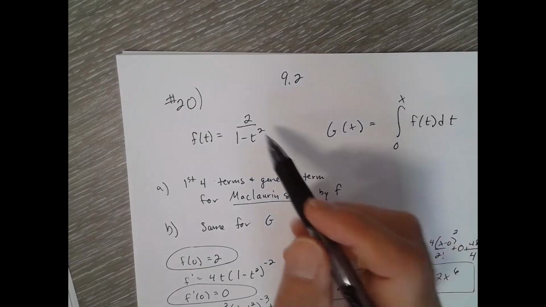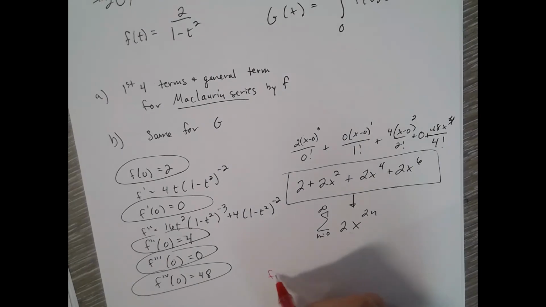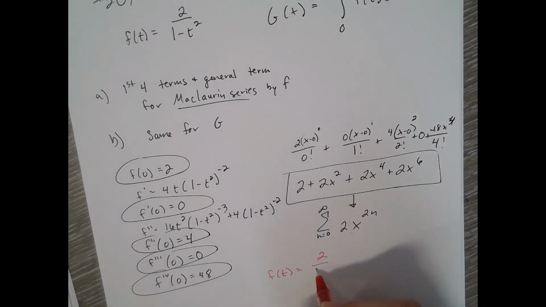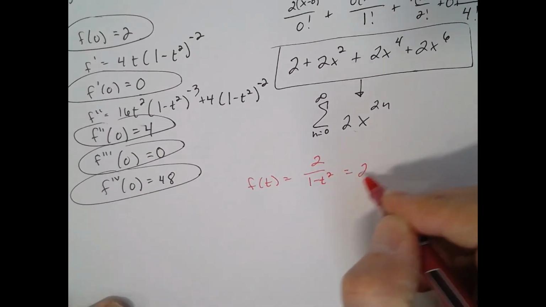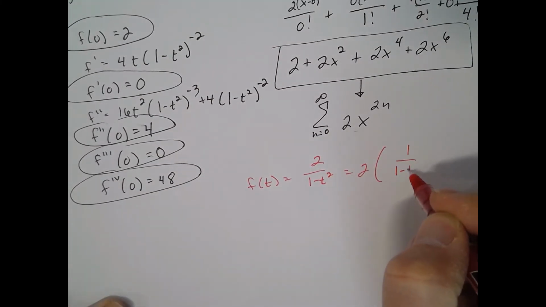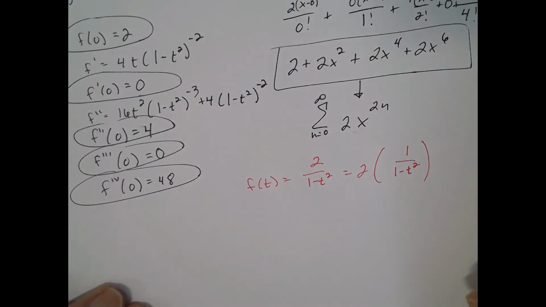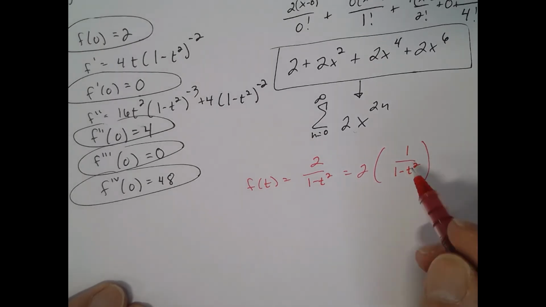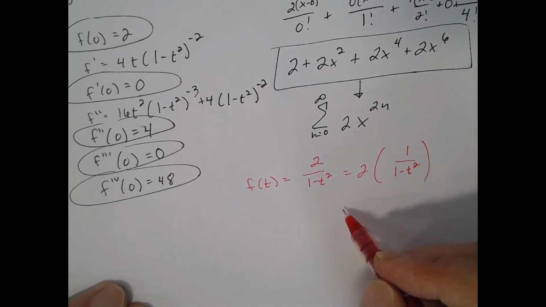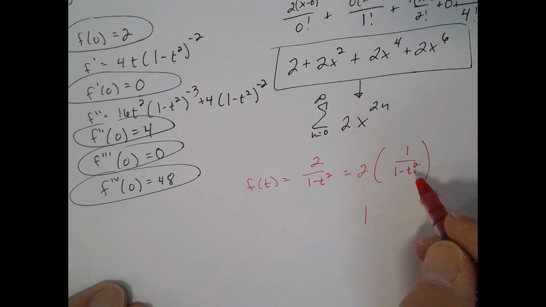Another way you could have done it is we know that f of t is equal to 2 over 1 minus t squared. So think of it as 2 times 1 over 1 minus t squared. So here's our initial term over 1 minus our r. So this in parentheses is 1, and then we're multiplying by t squared.